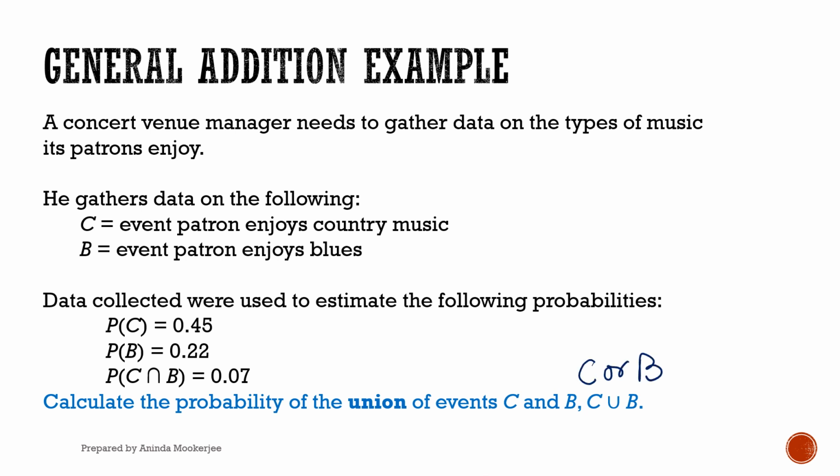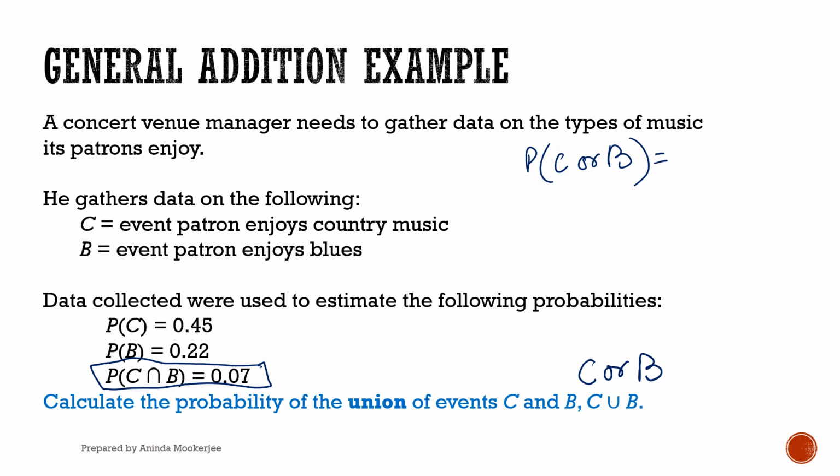Okay, so in the next slide, we will just go over the solutions, but we can actually do the solution here. So the question is, we need to find the probability of C or B, but since this is pretty straightforward, from this line here, the probability of C intersection B, this downturned U, tells us that there is a commonality between the two events.